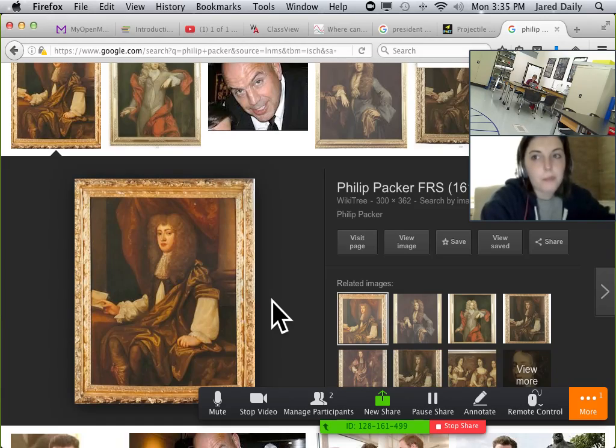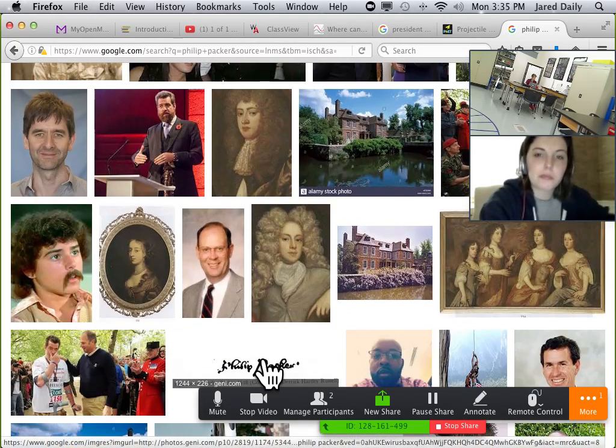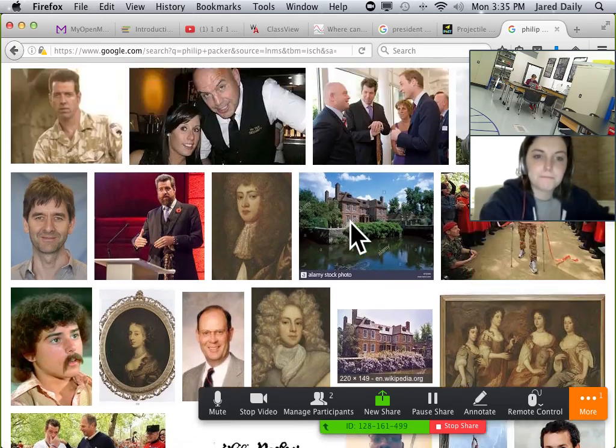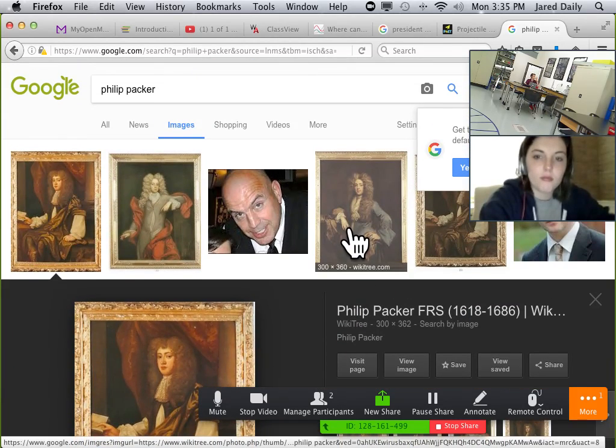the reason that this is connected to Isaac Newton is because right before Philip Packer died, Isaac Newton was inducted into the Royal Society. And so they probably crossed paths a few times there. My ancestor Philip Packer was an architect, and he designed this castle, Groombridge Place, here, among other things, in England.